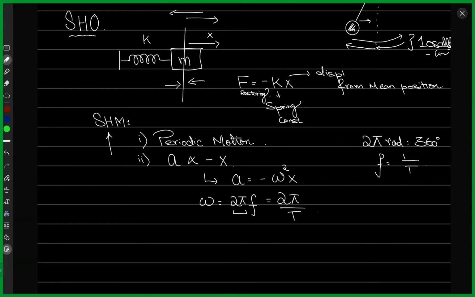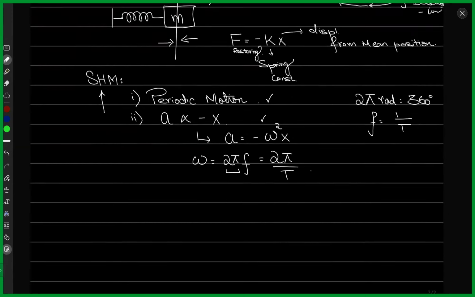All right. So that's your simple harmonic motion. And these are the very main conditions for a simple harmonic motion to take place, right? Now, I'm going to describe some of the graphs very quickly for displacement, velocity, and acceleration.